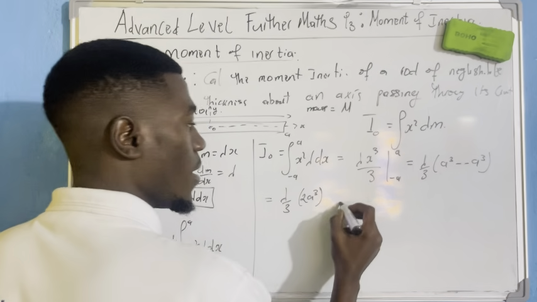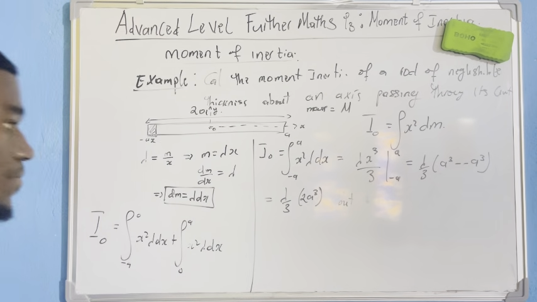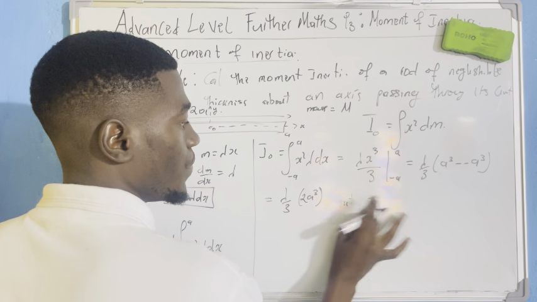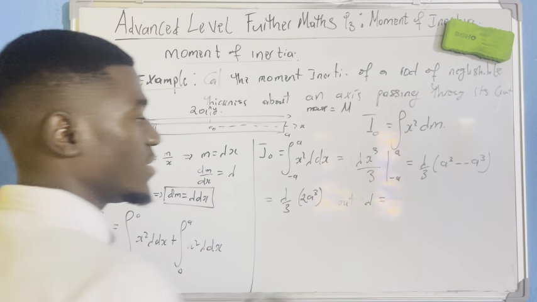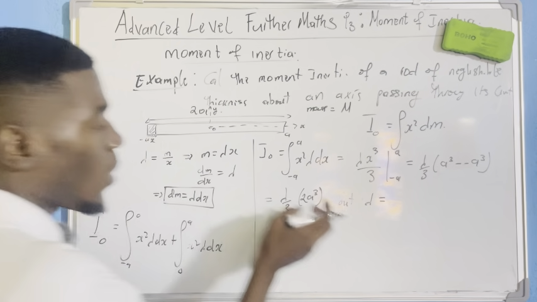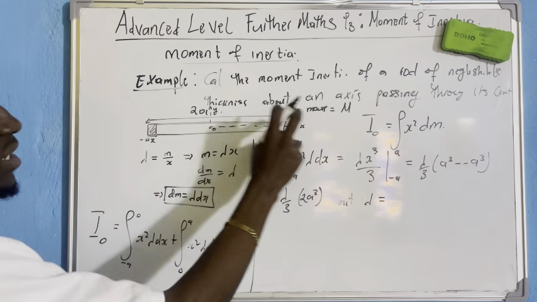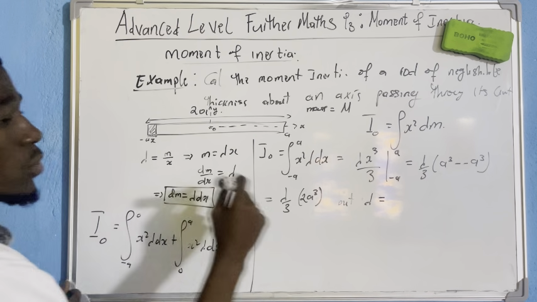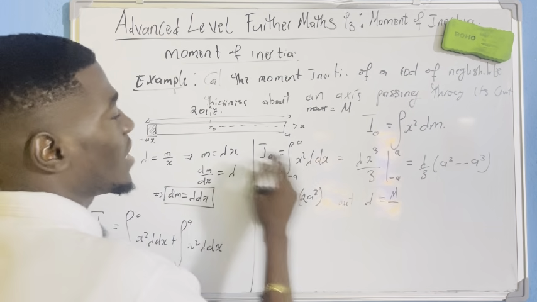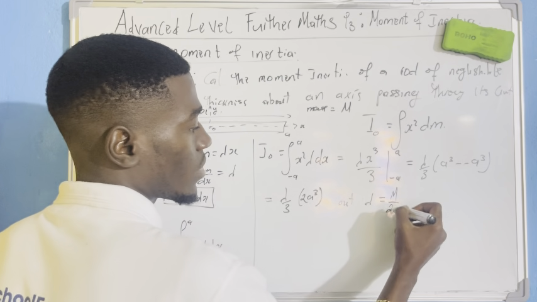Okay, but I know that lambda is simply equal to the mass per unit length. Now our lambda here, I want the mass per unit length of all the rod. The linear density of all the rod will be big M, the mass of all the rod, divided by the length of the rod, which is 2a.